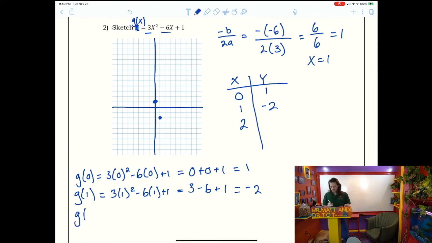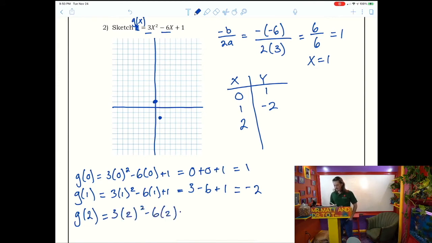And then lastly, let's look at what g of x is equal to when x is equal to 2. We're going to get 3 times 2 squared minus 6 times 2 plus 1. 2 squared is 4. 4 times 3 is 12. Negative 6 times 2 is negative 12, and then we have the plus 1. 12 minus 12 is 0. 0 plus 1 is 1.